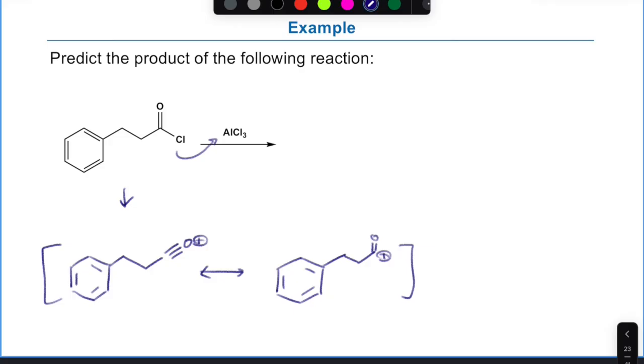It would be a 5-membered ring, and I think I drew the double bonds in the ring in a confusing, or not very intuitive way, but we would want to have it there. And then we would go and react with this lone pair, or this pi bond. And then our resulting species after re-aromatization would be this 5-membered ring with an acyl group in it.